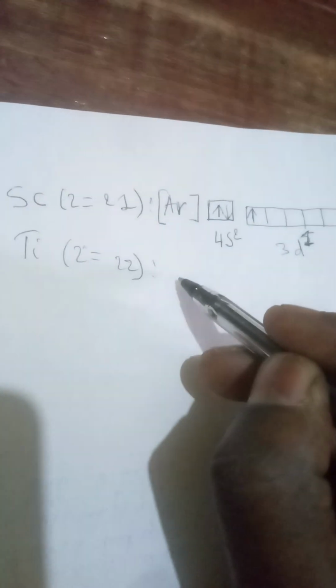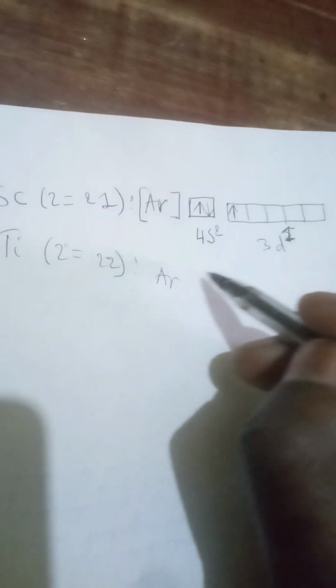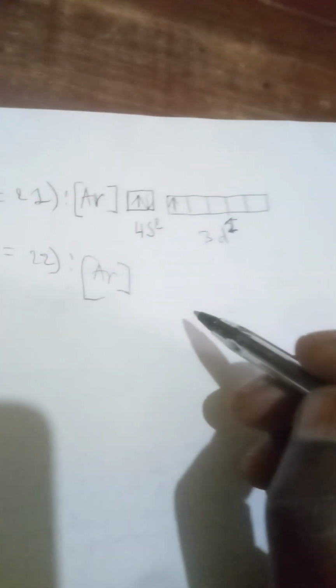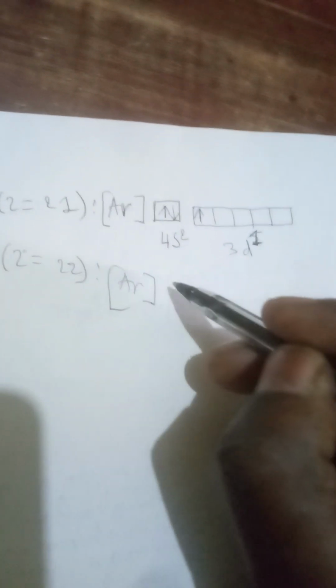We can continue to add. The next will be titanium, Z is equal to 22. We start with the configuration of argon as we did for scandium.